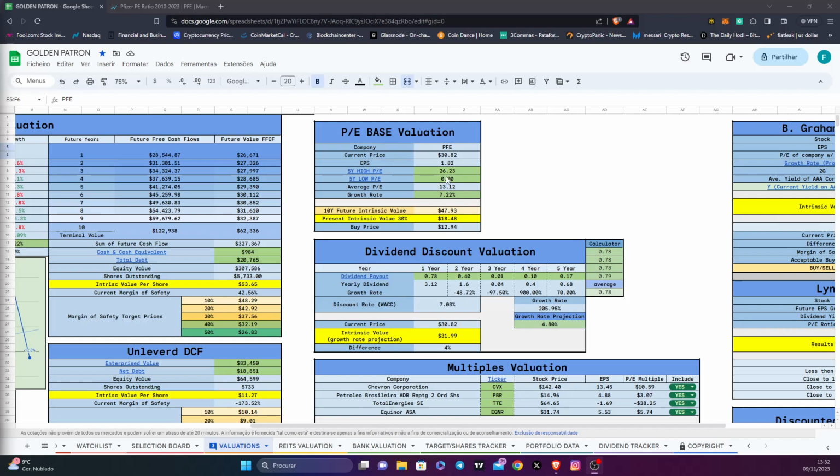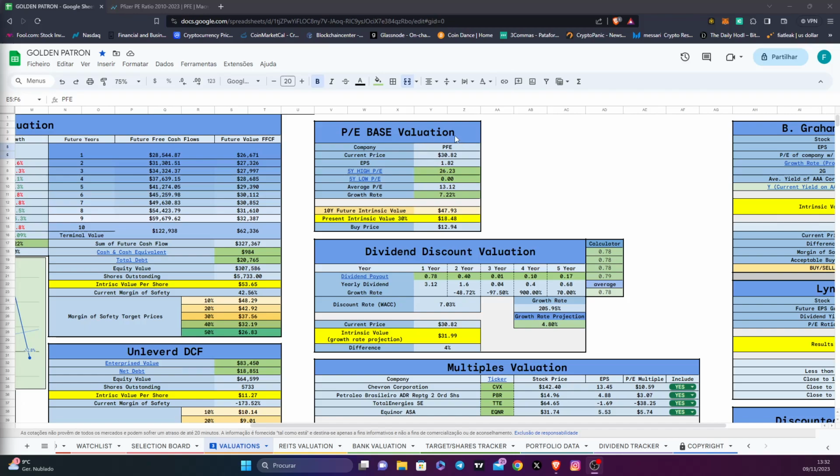So this is just going to calculate it and give us an average, and with that average we're going to use the growth rate to get a future intrinsic value, also a present value. Okay, so once we get the 10-year future intrinsic value, it doesn't mean it's going to take 10 years to get to that price, but it does mean within these 10 years it should hit that price.